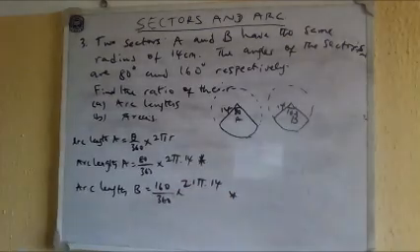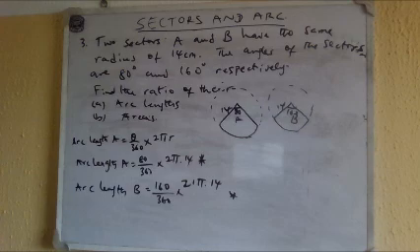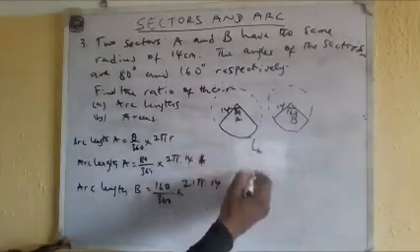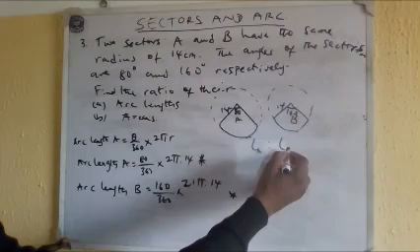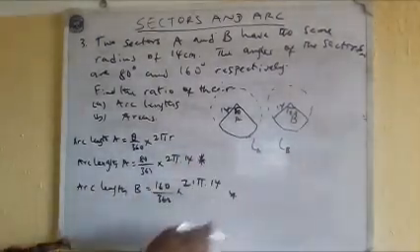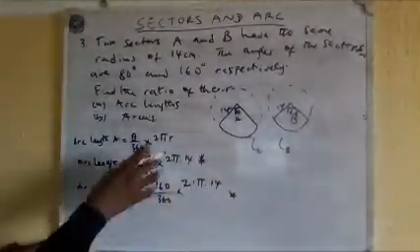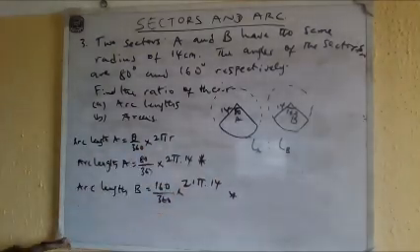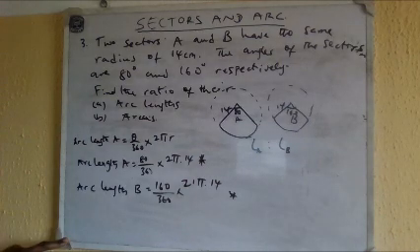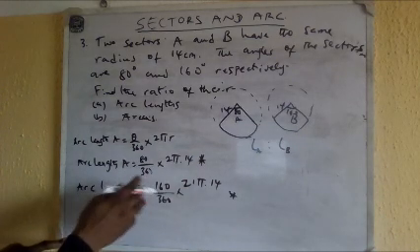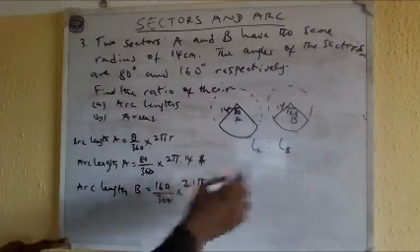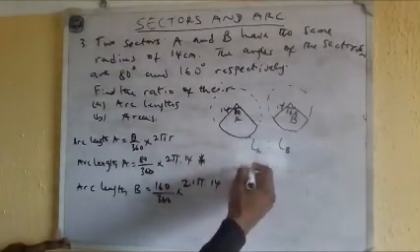So they say, what is the ratio of the arc length? Let's denote the arc lengths as LA to LB. This is what we're looking for, so we need to divide this by this. When you're doing your division, first look at all things that are common; they will cancel out.